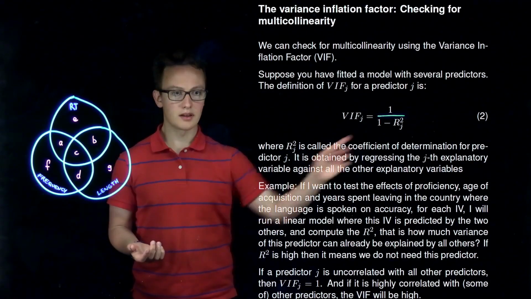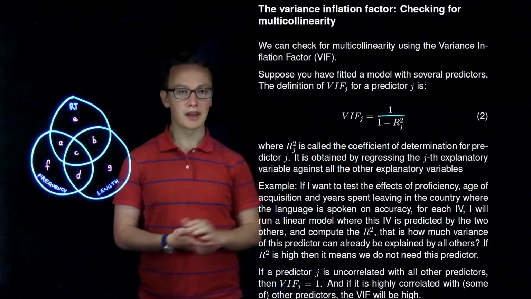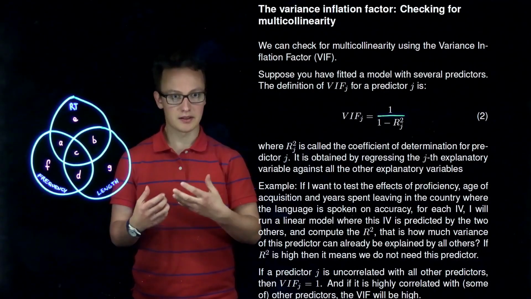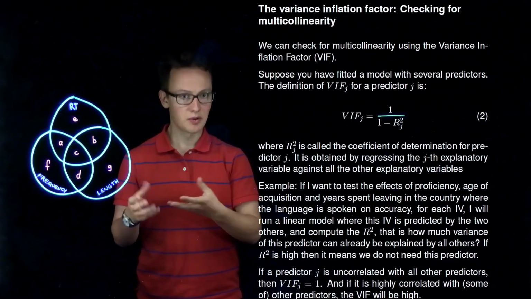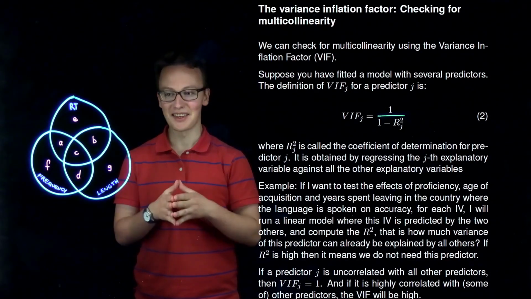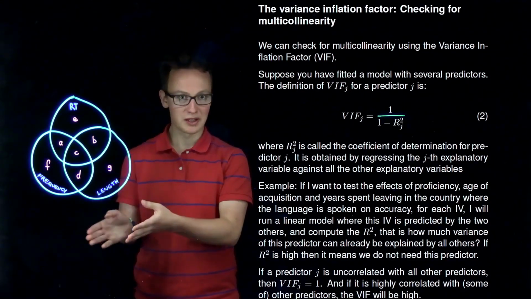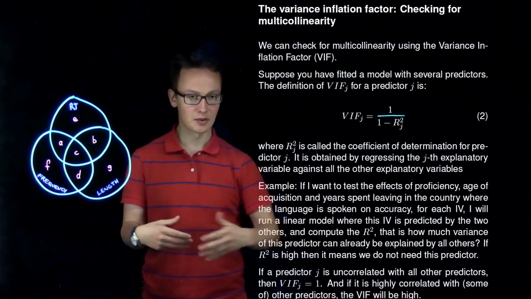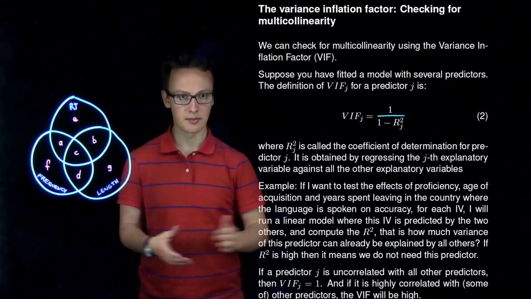So this r squared j is literally a ratio. If it is 0, it means that 0% of the variance of our predictor j is explained by all the other predictors we've included, combined.